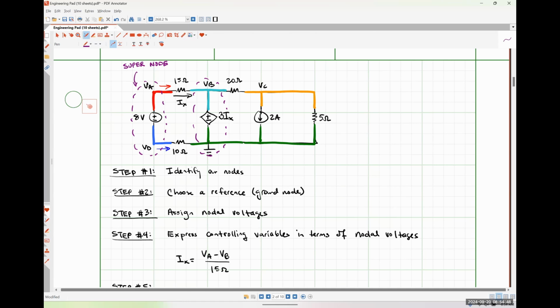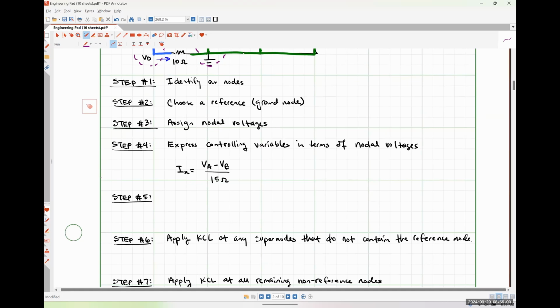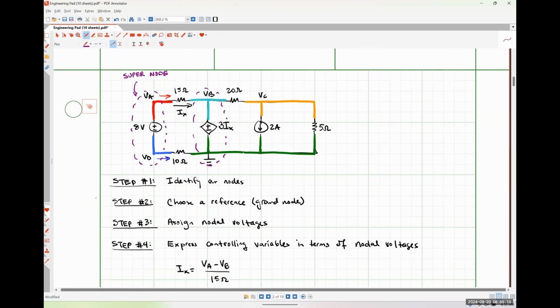Okay. So we have a supernode AD surrounding our 8-volt source, and then we have a supernode B ground surrounding our dependent voltage source. If you notice here, when I wrote step number 6, I said very explicitly to apply KCL at any supernodes that do not contain the reference node. So that means we would only apply Kirchhoff's current law to the supernode on the left. We would not apply it to the supernode in the middle because it contains our reference, or the ground node.